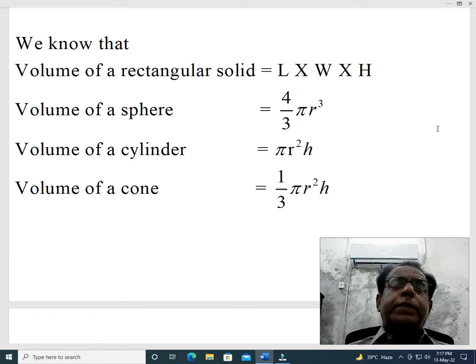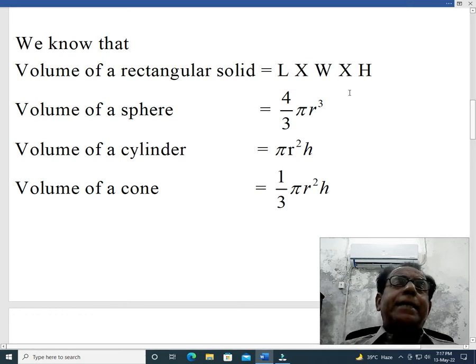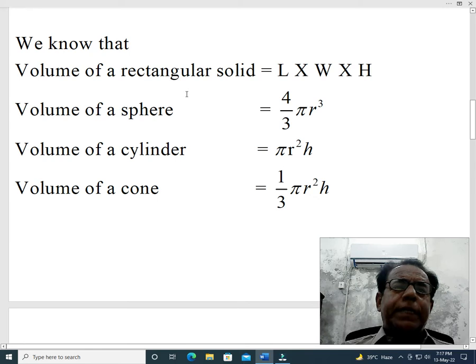Volume of a cone is equal to 1 by 3 pi r square h. Actually, the formula for calculating volume differs according to different geometrical shape. So as a reference we have shown this formula for 4 different geometrical shapes.